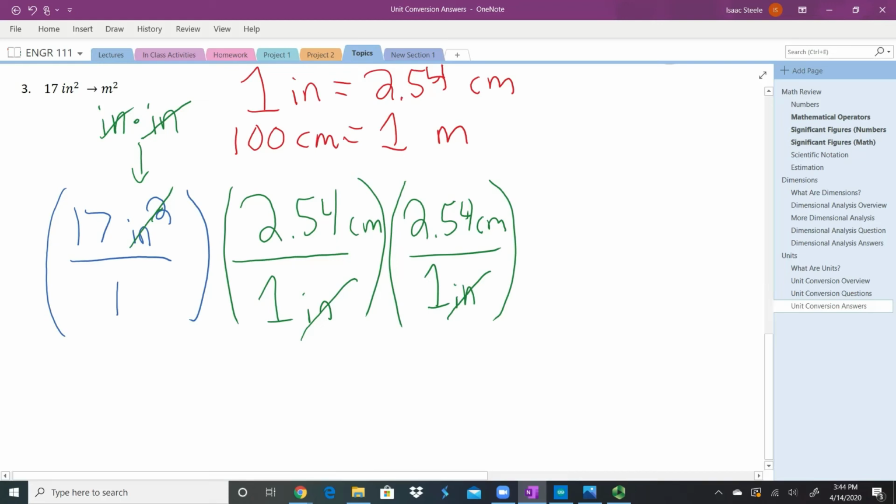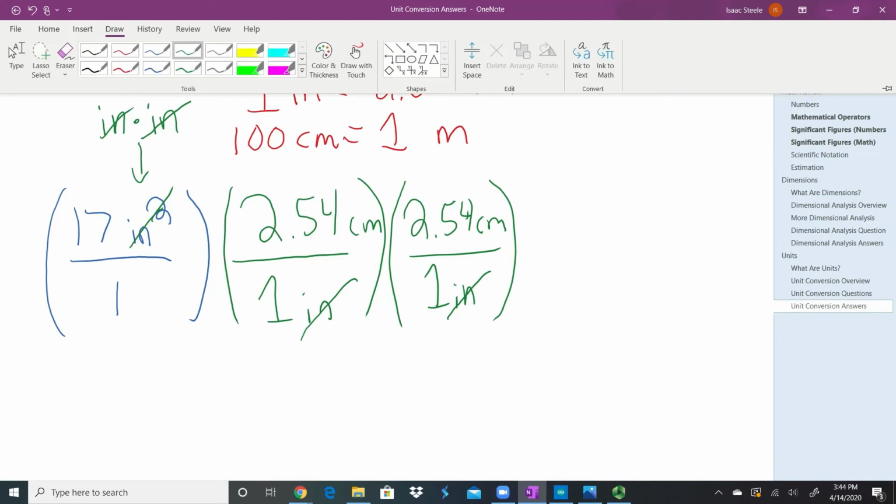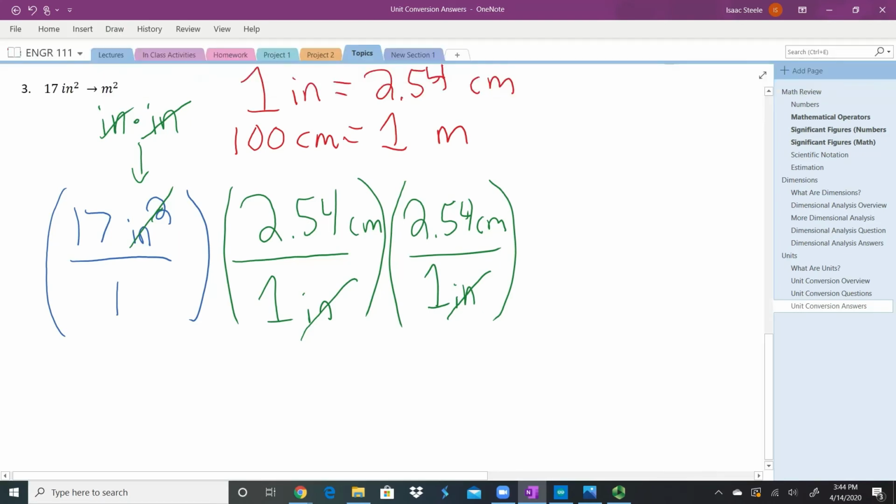I'm going to go ahead and do the second one the other way. We'll take my next conversion. I want to cancel out my centimeters there on the top, and so I put centimeters on the bottom, 1 meter on the top.